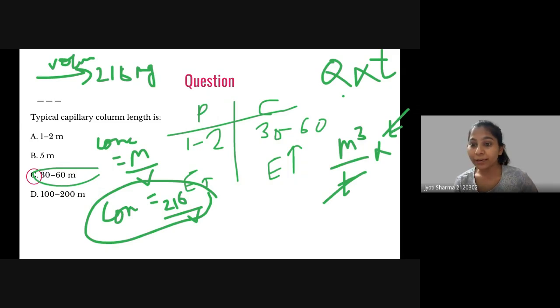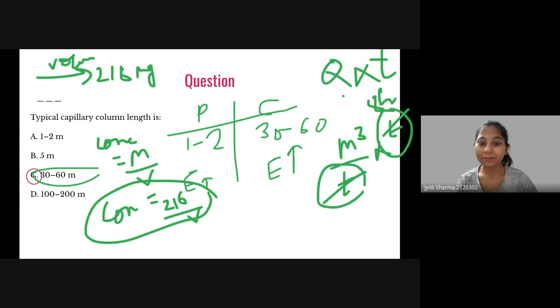But you have to again see, you have 8 hours. Here the time is 8 hours, this is in minutes, this is in liters right now. So every time you have to keep in mind the units and make the conversion.